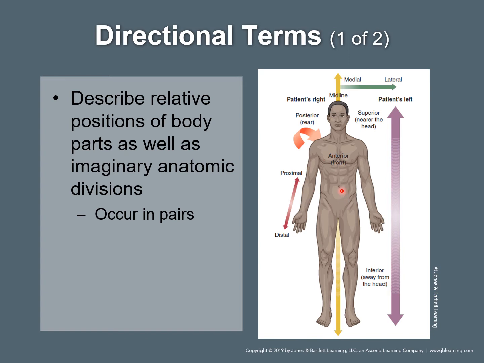Anything that lies farther away from this midline is going to be called lateral. So things that lie closer to the middle, like closer to this line, are medial. Good example for these would be like your wrist, your ankles. So let's say that he fell and he broke his foot.